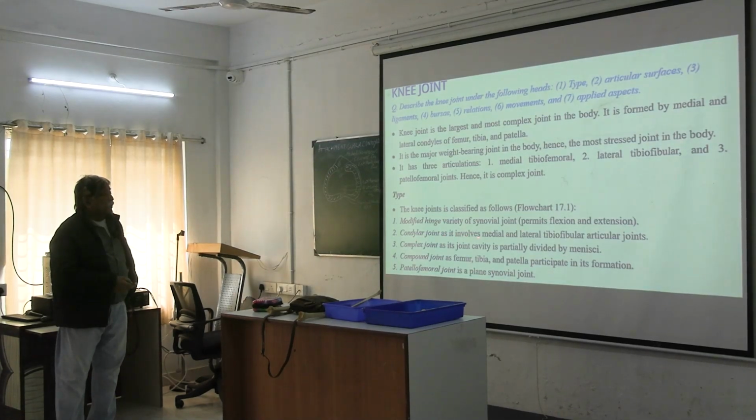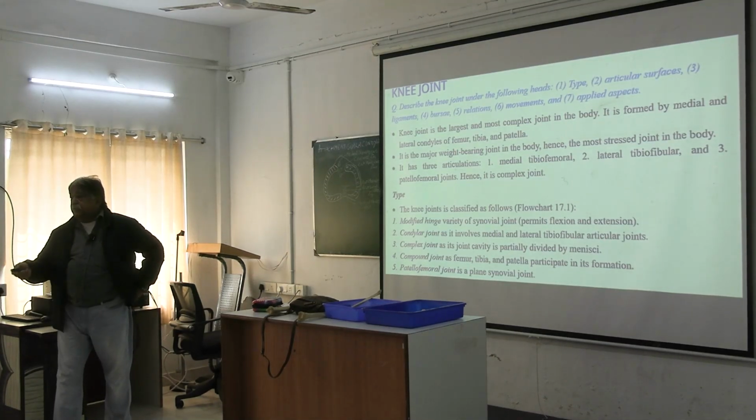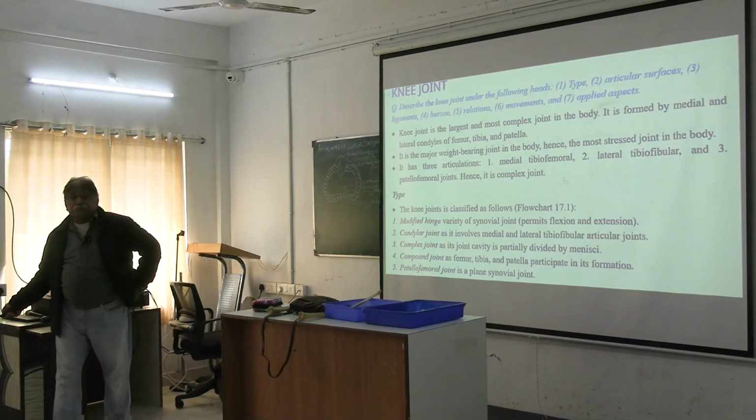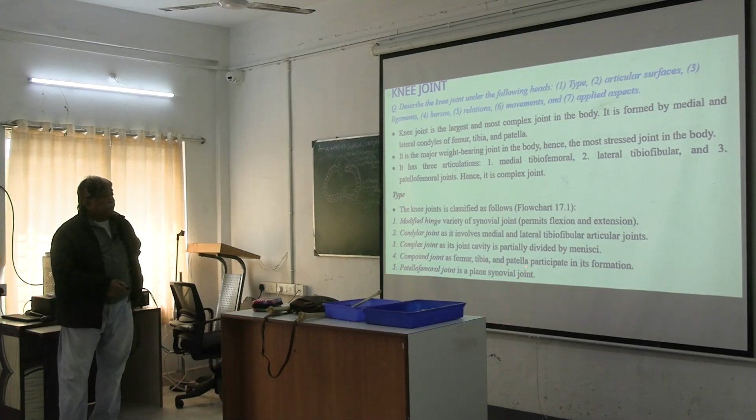Condylar joint, as it involves medial and lateral tibiofemoral articular joints. You just see, you correlate. After seeing the bone there, you please come and correlate. Complex joint, as joint cavity is partially divided by menisci. And compound joint, as femur, tibia, and patella participate in its formation.